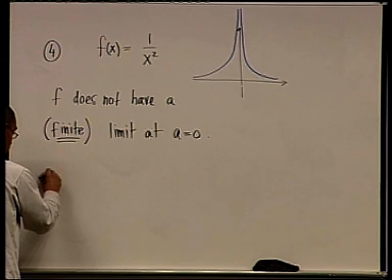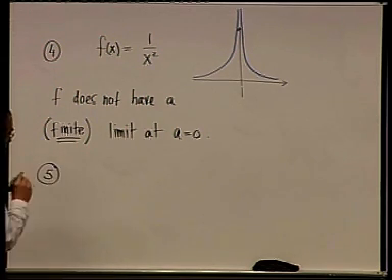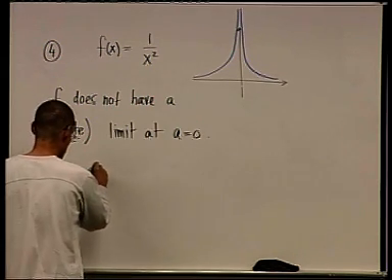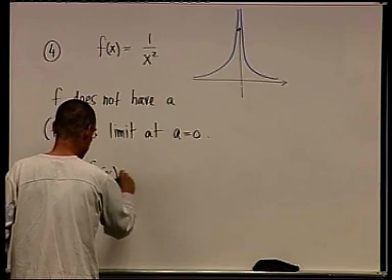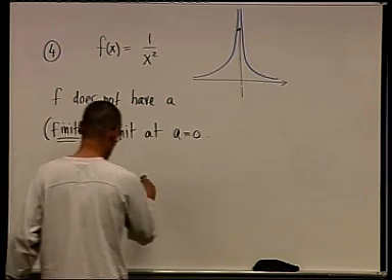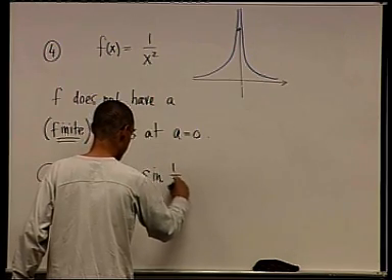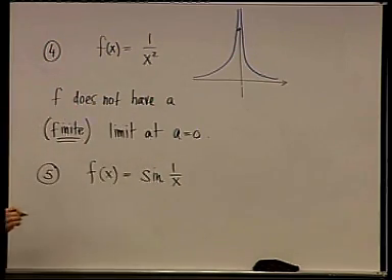Next example. The next example is maybe the most intriguing one, especially the first time you see it. So the function I want to draw, I don't think we met this function yet, is the function sine of 1 over x. Sine of 1 over x.